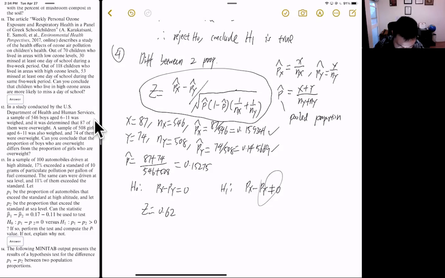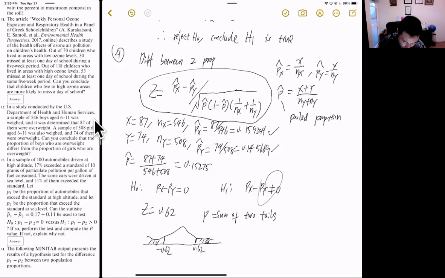So the p-value is the sum of two tails, for the z value of 0.62 and minus 0.62. Again, use the z table.